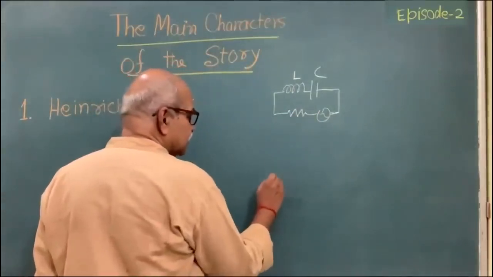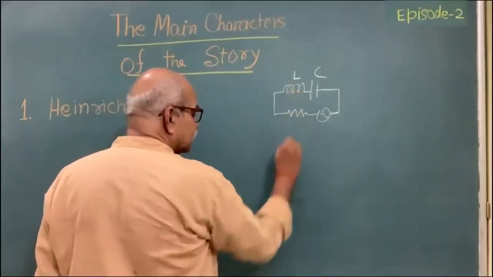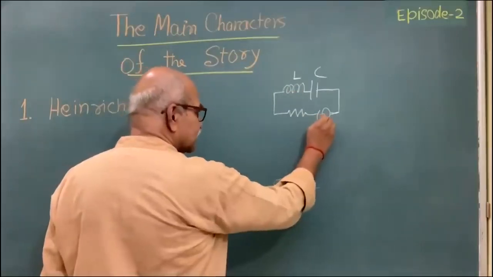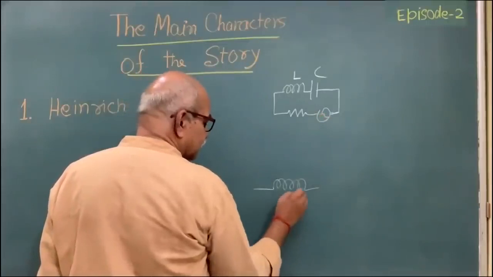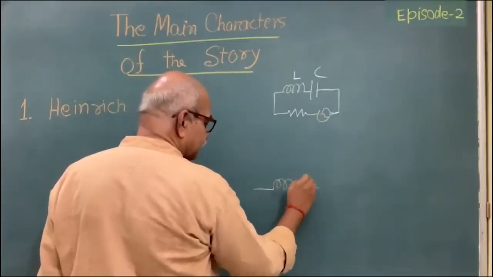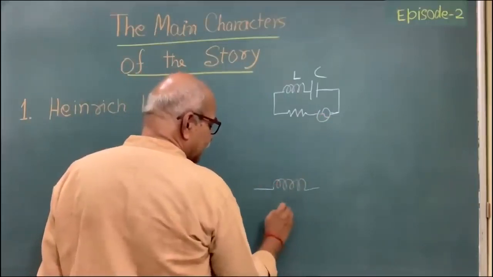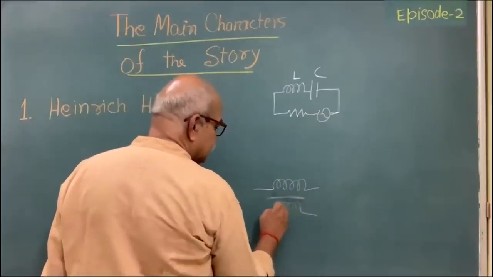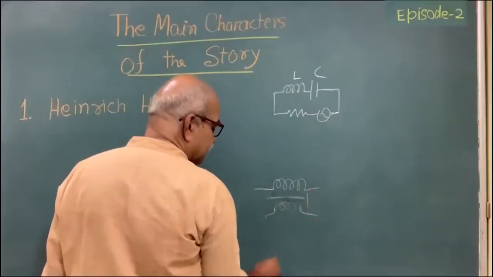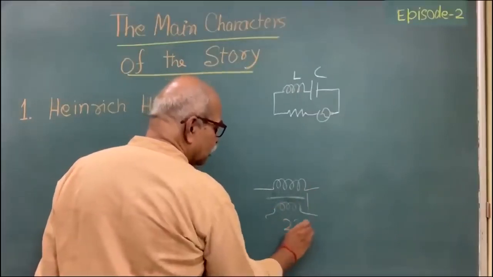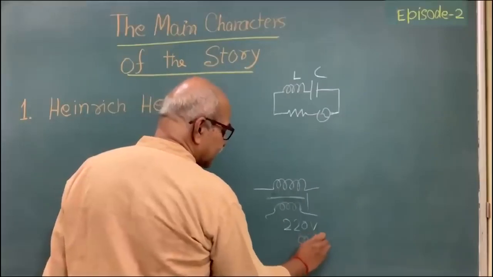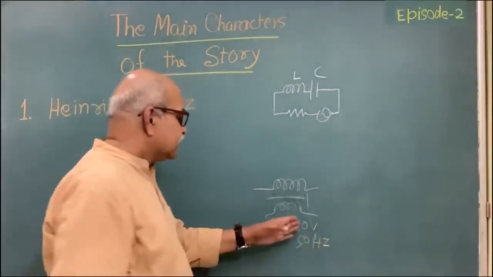So essentially it was some kind of a coil, this kind of coil, let us say. But the source here is from a transformer. So this forms one end, and then you have another end, and this is the transformer, and here you have a normal, say 220 volt and 50 hertz, whatever power supply you have.